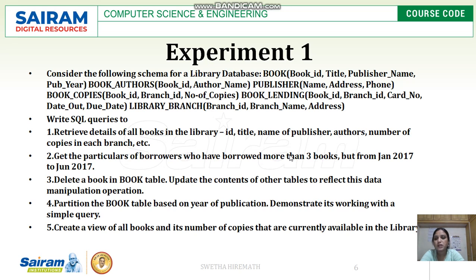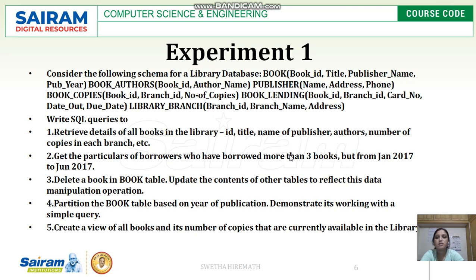So the next query is to delete a book in the book table. So we have to delete a book in the book table and then update the contents of the other tables to reflect this data manipulation operation. If we are going to delete any book from the table book, then it also has to be reflected in the other tables which consist of book ID as the primary key.